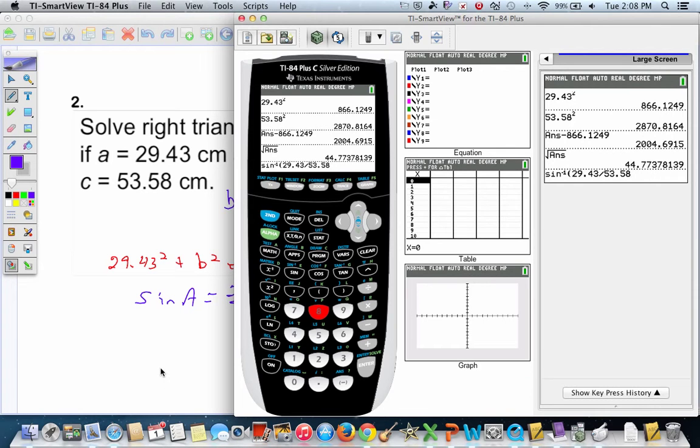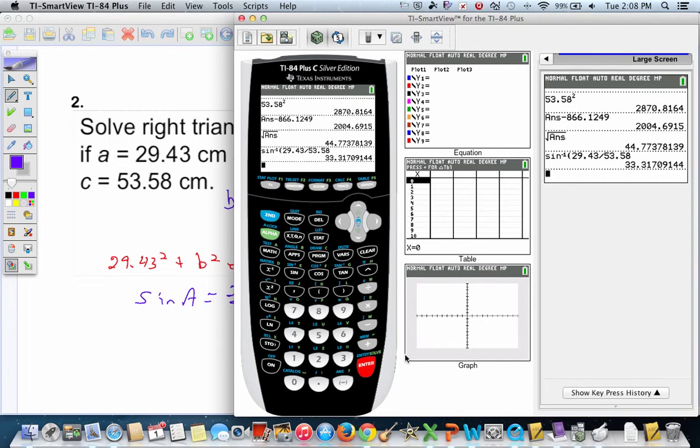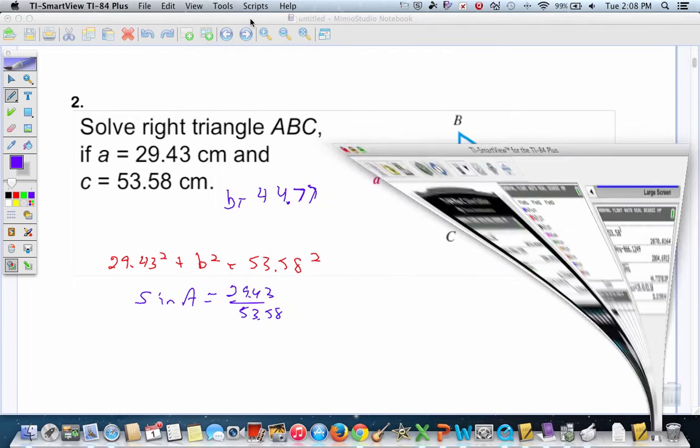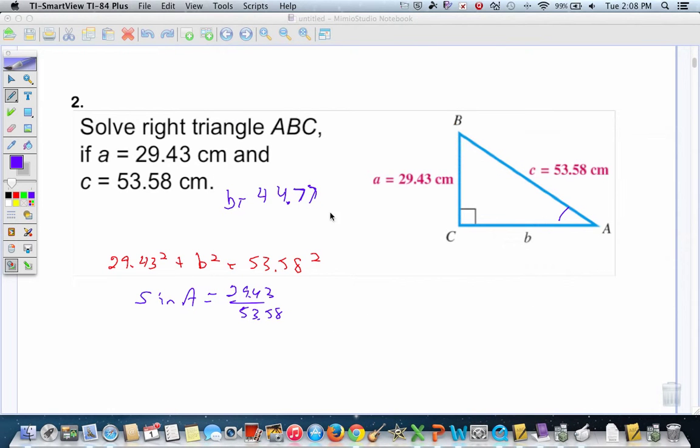So the inverses there will convert that ratio over to an angle, and you can see in this case our angle is going to be about 33.3 degrees. So angle A, back up here with our label, was about 33.3 degrees.